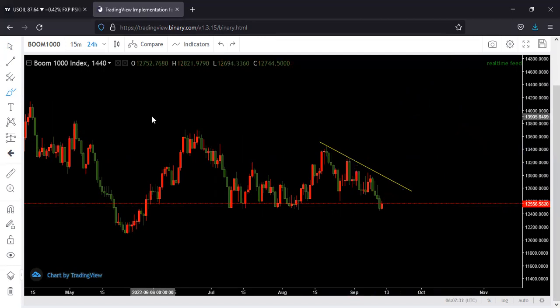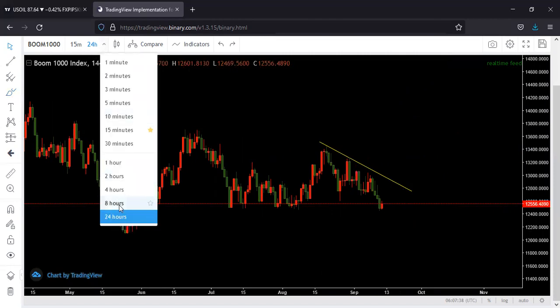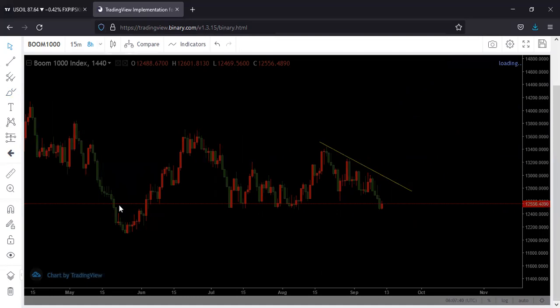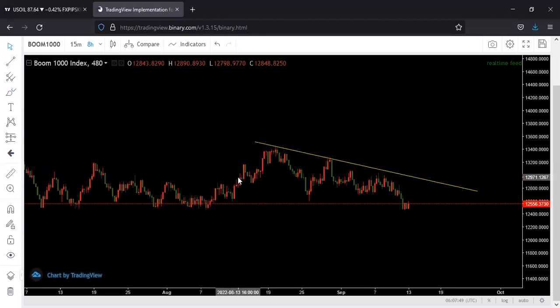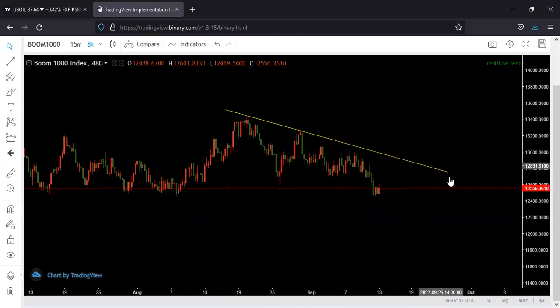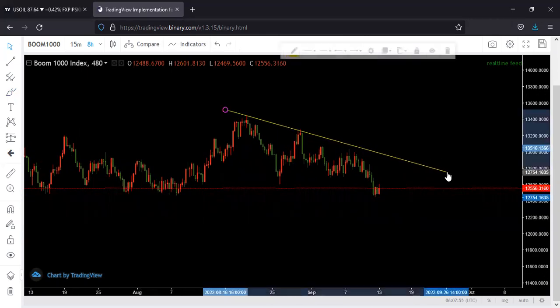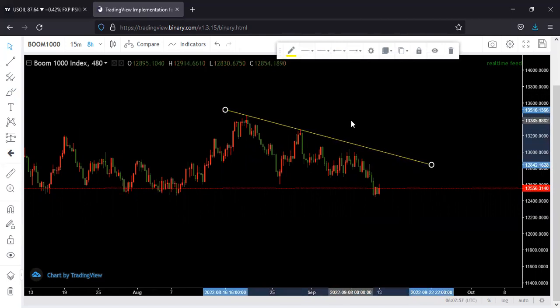So now, what are we going to do? We are going to the 8 hours time frame. On this 8 hours time frame, guys, you have to understand the mechanism behind this movement. As long as you go deeper into the smaller time frame, you can see that now we are having a clear picture.